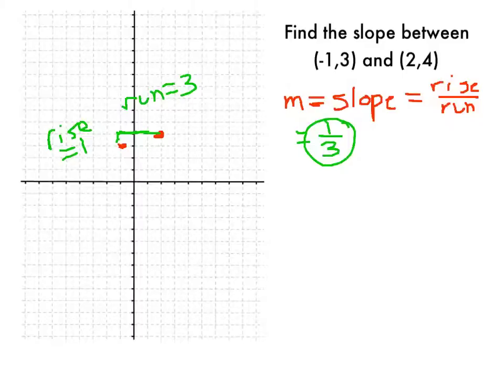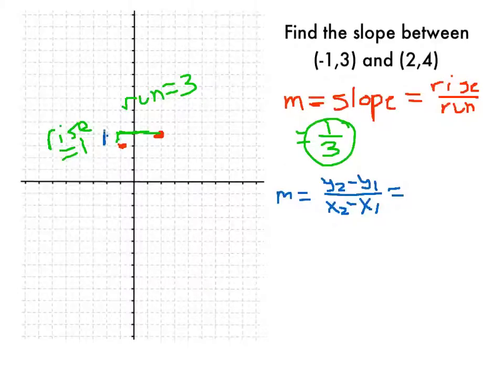Without having to graph these points, we can use the formula for slope as y2 minus y1 all over x2 minus x1. And I assure you that this is the same thing as finding the rise over the run. Because up top here where we have y2 minus y1, what we're calculating is the distance traveled here.